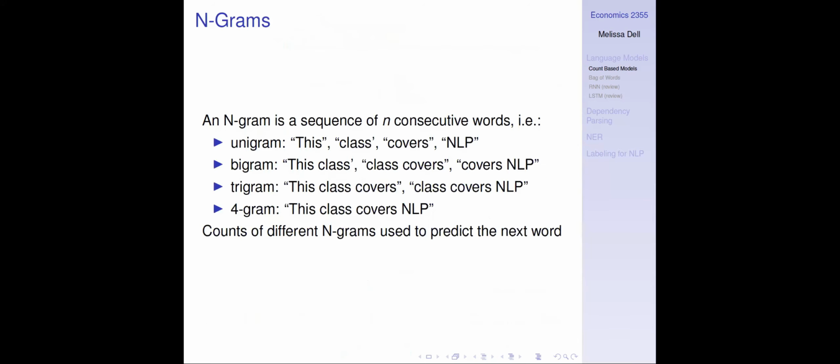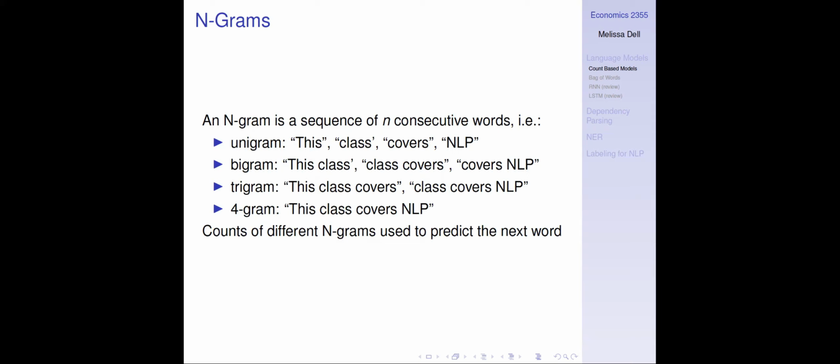And so this is often known as an n-gram model, which is a term you may have seen if you've looked much at the NLP literature in social science. An n-gram is a sequence of consecutive words. A unigram is just one word. So if the sentence is, this class covers NLP, this is a unigram, class is a unigram, and so forth.